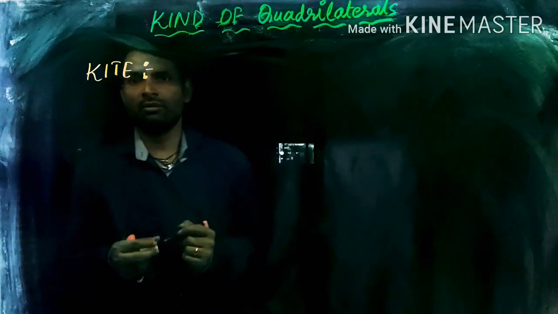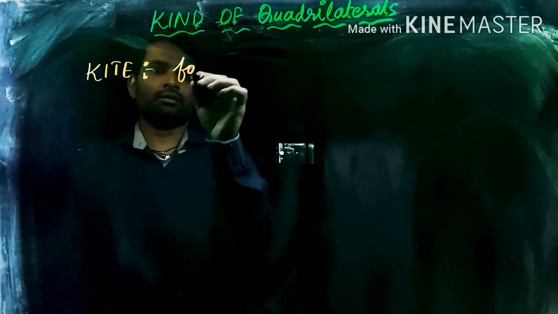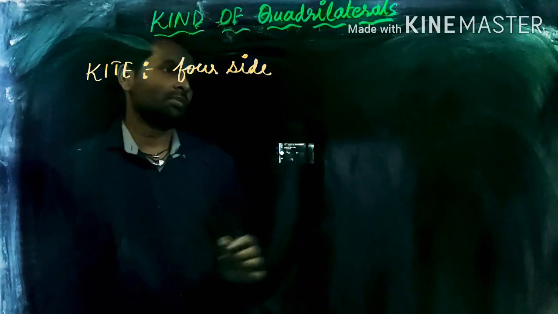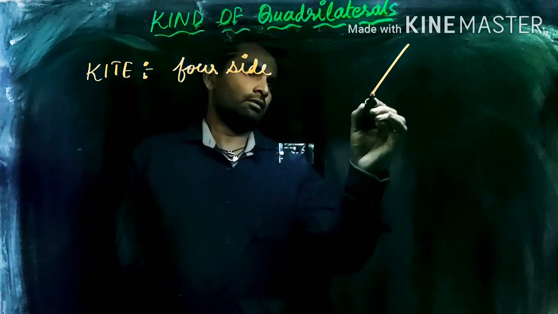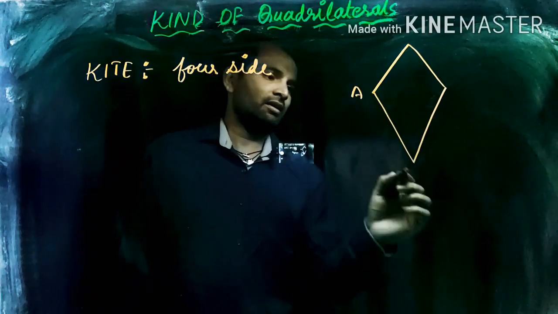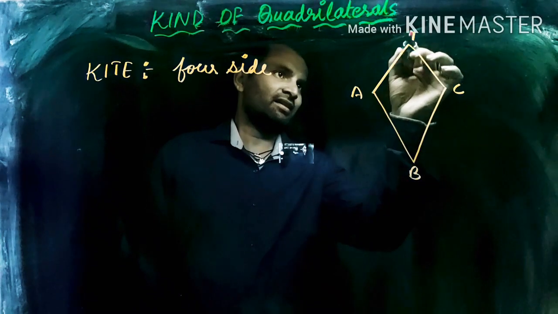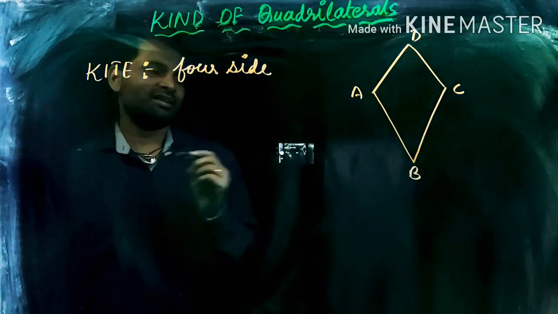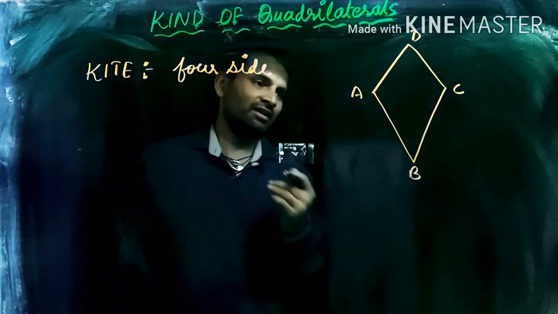The next quadrilateral is the kite. It has four sides. This diagram, ABCD, is the kite. A kite is a special category of quadrilateral.